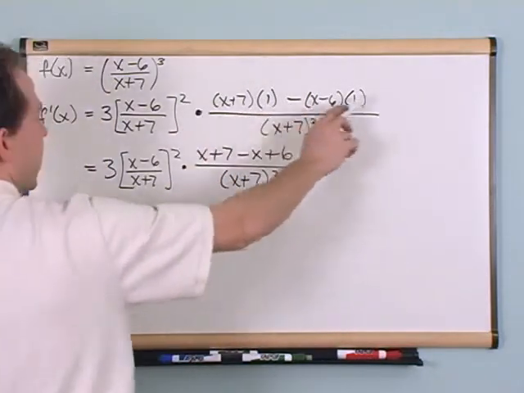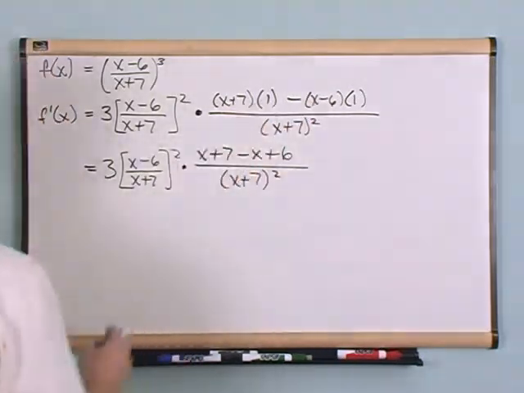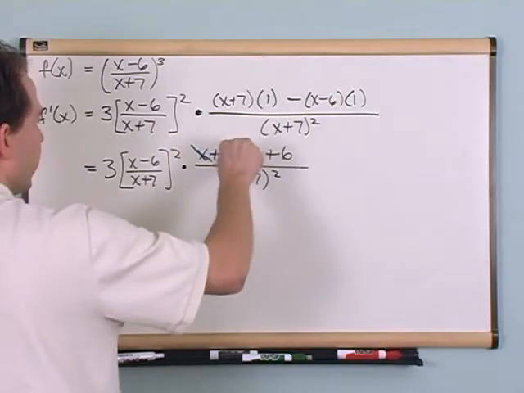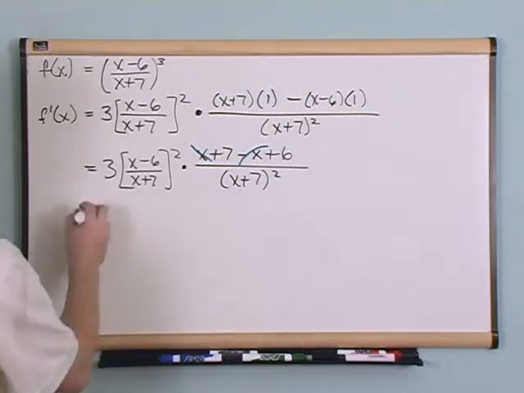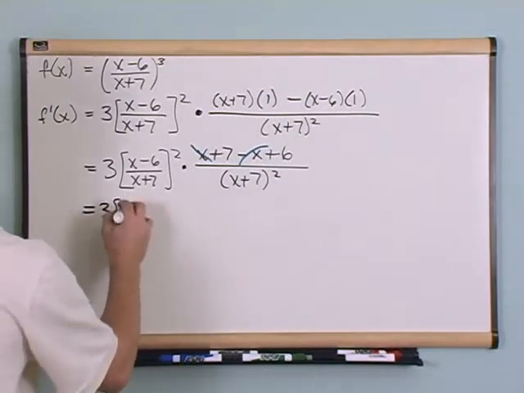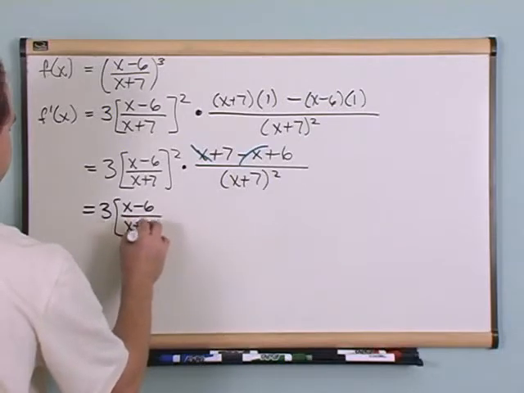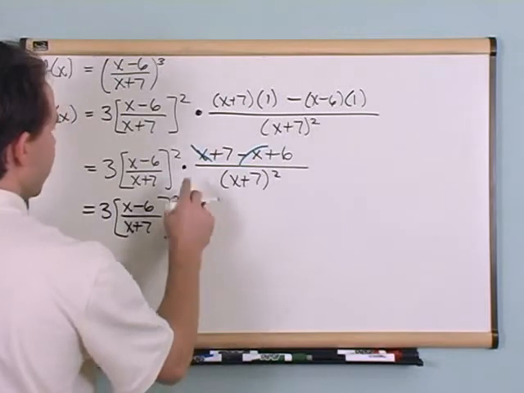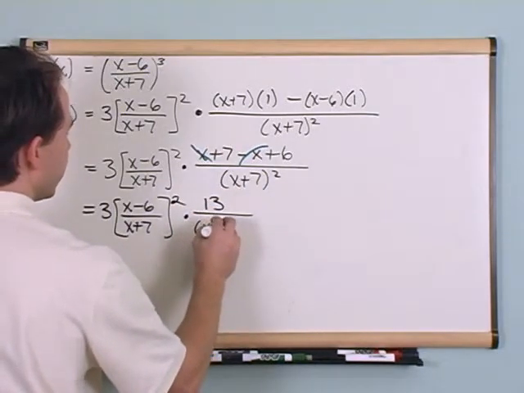And I just distributed this negative 1, and I got the negative x, I got the positive 6. Now, what does that do? This x cancels with this negative x, right? So in the end, what you're going to have is 3 times x minus 6 over x plus 7, this quantity is squared, don't forget that. Over here, 7 plus 6 is 13. And on the bottom, you have x plus 7.